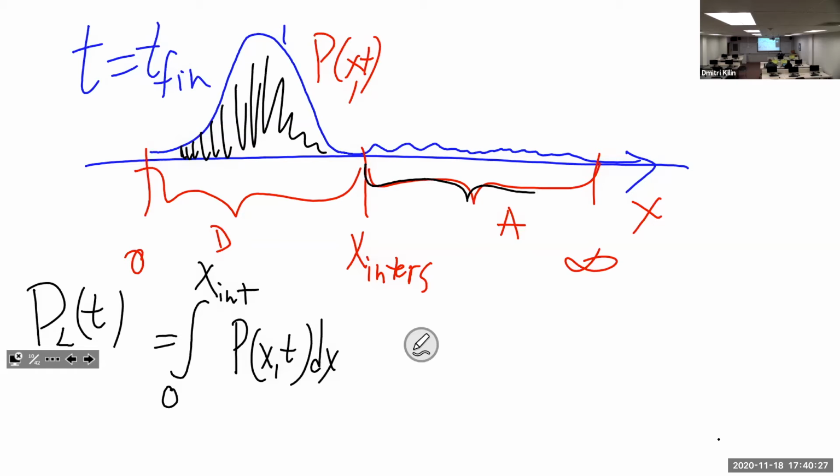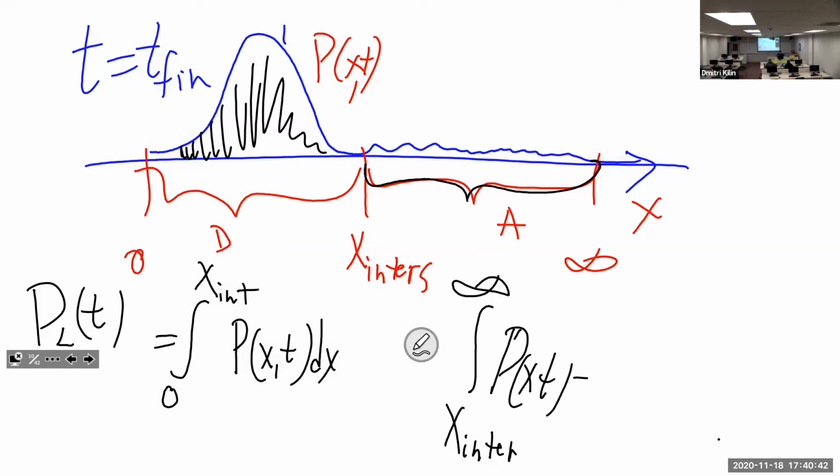Now, for the acceptor, we can integrate from the interface to infinity, or to the last edge of the box, P(t) dx. We can call it P right, or the probability of the acceptor. These observables give us a chance to describe electron transfer quantitatively. At least it will show the amount of electron that has been transferred.